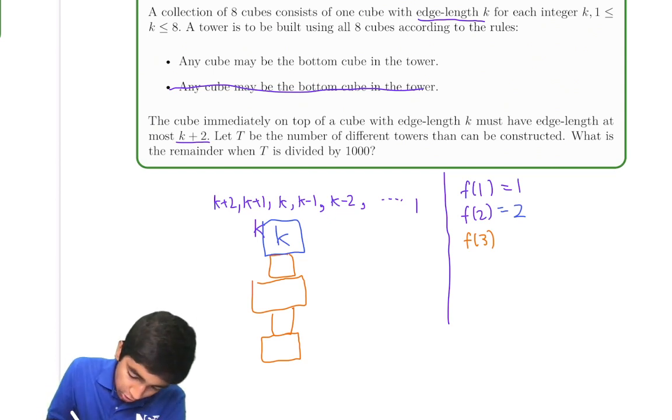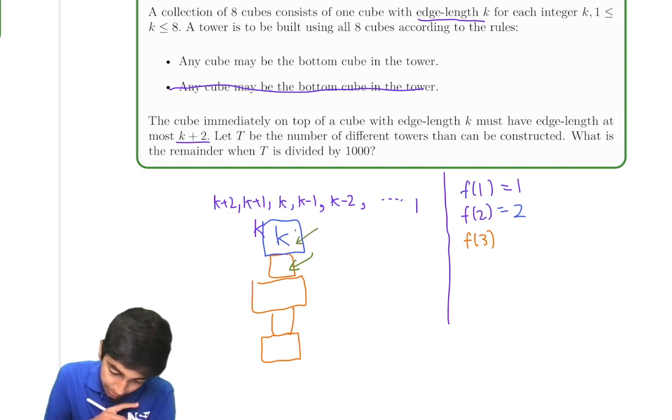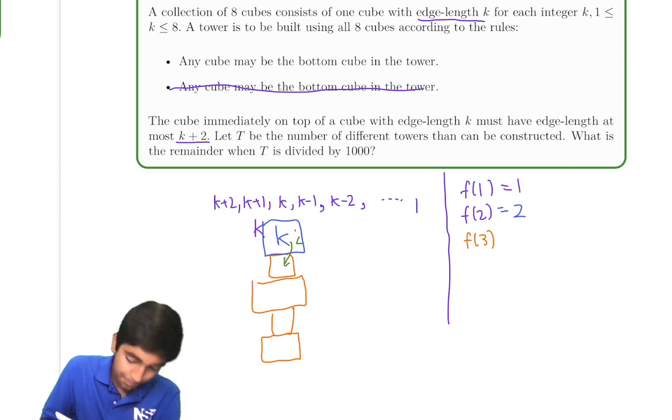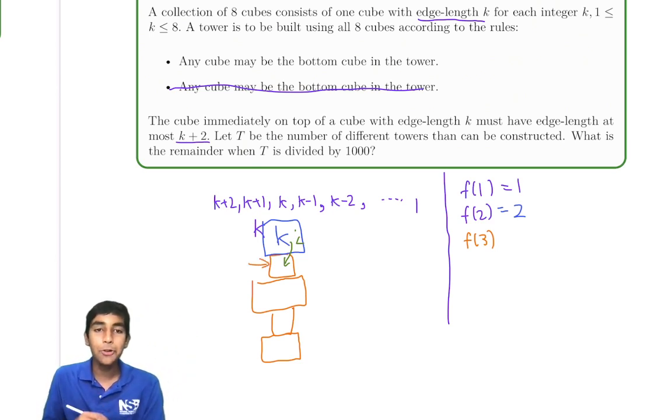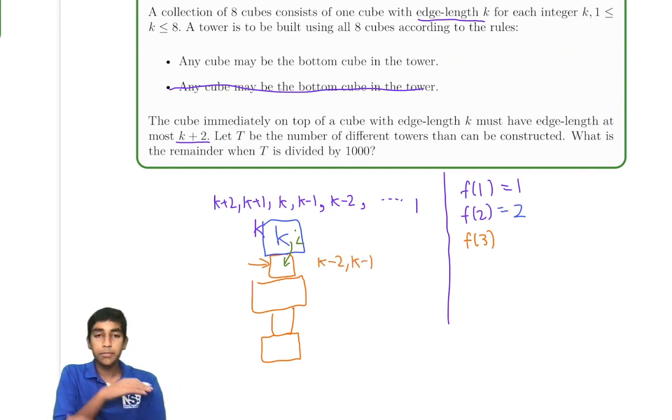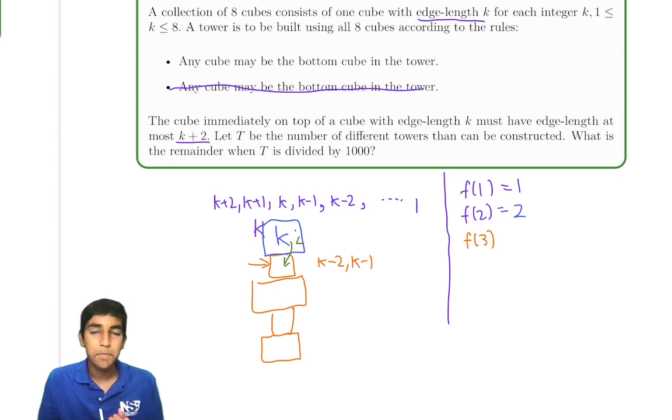So this cube can be at most 2 more than the number of the cube below it. At most 2 more, which means it can still be k minus 2 and k minus 1. Anything lower? Too big. K minus 2, k minus 1. So that's 2 more choices.